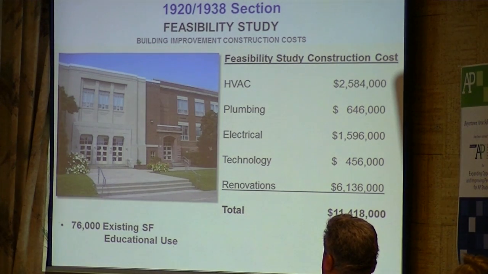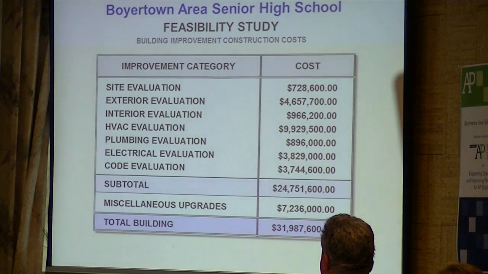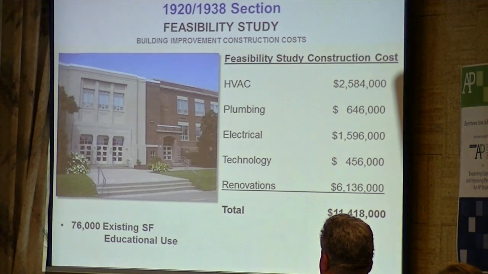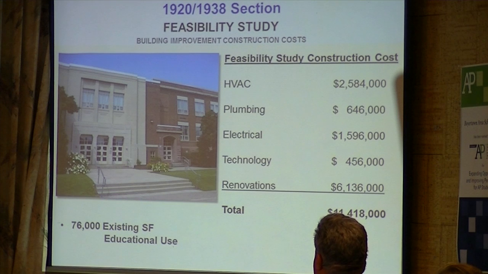So as we looked at that, the 1920 and the 1938 section of the building, which is 76,000 square feet, or about a third of the square footage of the entire structure, is costing $11,400,000 of the cost of that building.